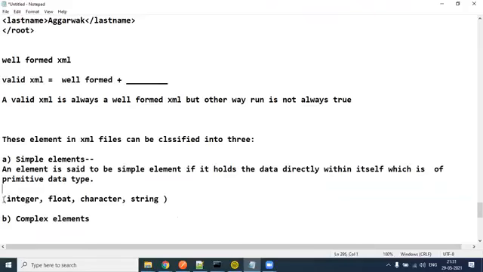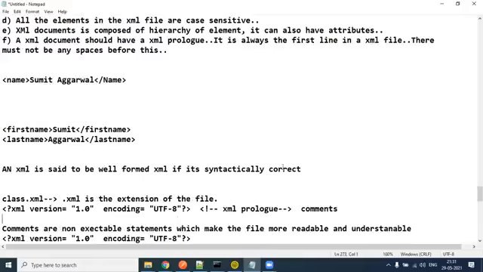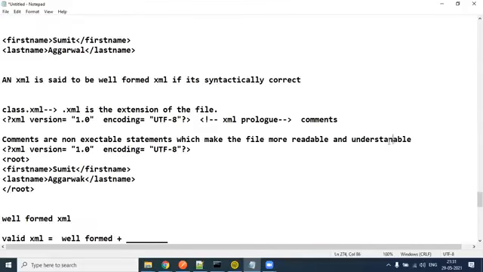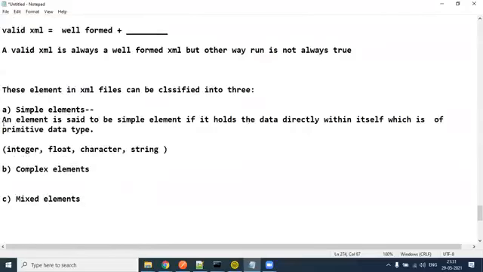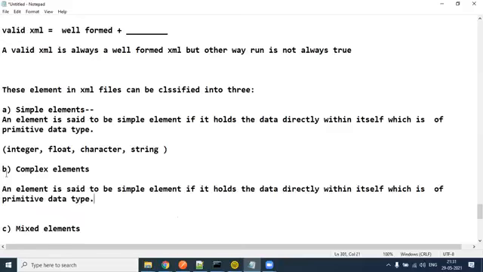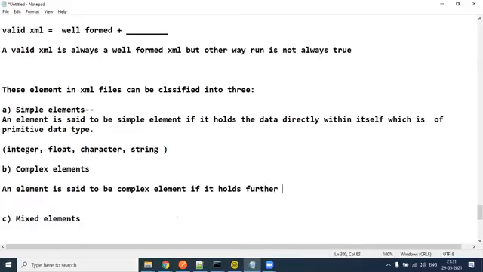What is a complex element? Please excuse me for these spelling mistakes which I continue doing, but I have my own style, so I will stick to that for now. An element is said to be a complex element if it holds further elements within itself.